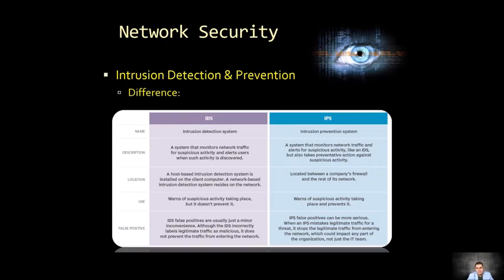And this table shows you the difference between the IPS and IDS in more written form. But the concept that I want you to know is that only one of them can reside parallel to the traffic, and the IPS has to be within the traffic. All the traffic has to pass through the IPS, and this is the main difference that I want you all to take care about. Okay.